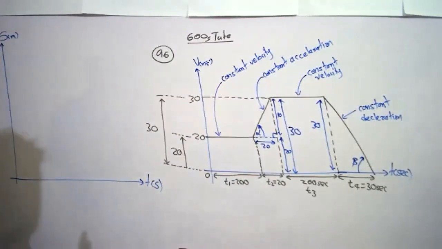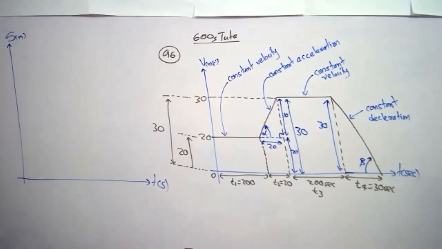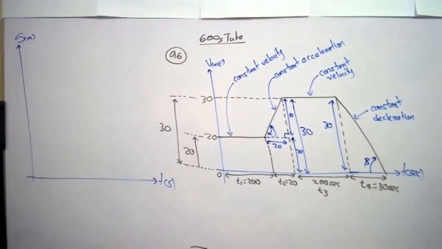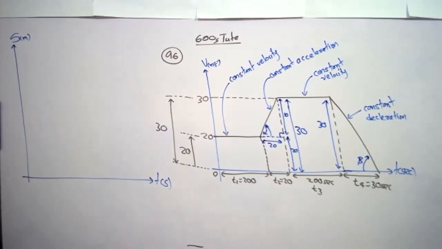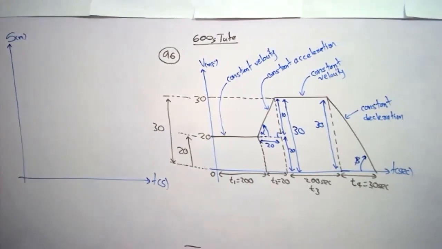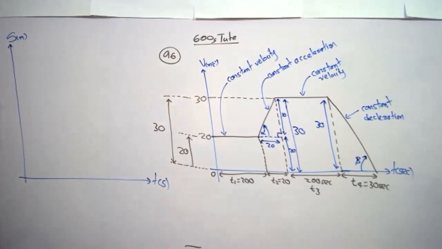Sometimes people may use the term ST graphs for the velocity time graph, because we use S for displacement.